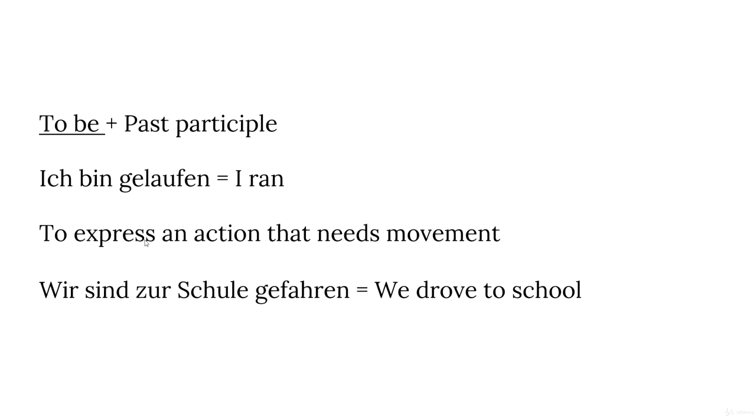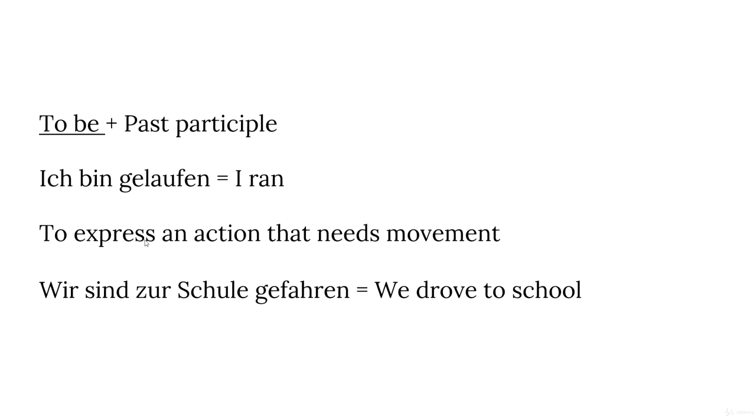For example, I ran. Ran comes from the verb run, which is laufen. Laufen is a verb that you move in. So you say sein. However, the pronoun is I, which is ich.